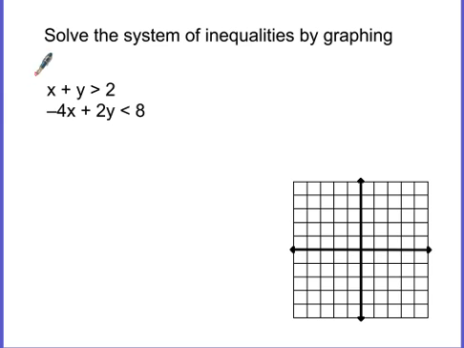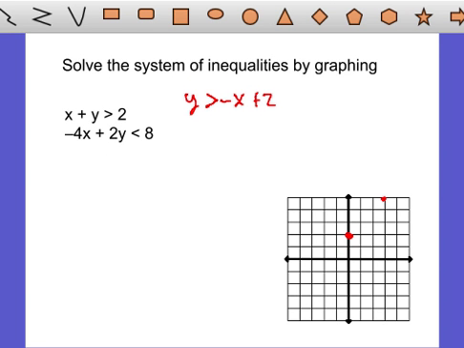Let's solve this system. So subtract x. So y is greater than negative x plus 2. And it needs to be a dashed line. It's a negative slope.